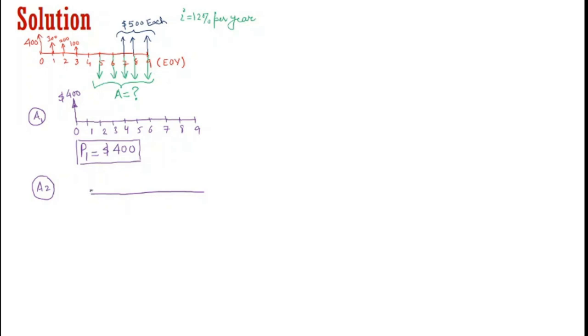Another series, 0, 1, 2, 3, 4, 5, 6, 7, 8, and 9. So we have a series in which the first transaction is 300, then 200, and then 100. Fine.